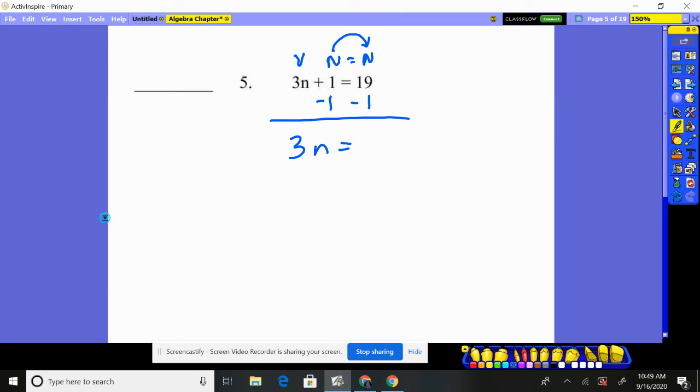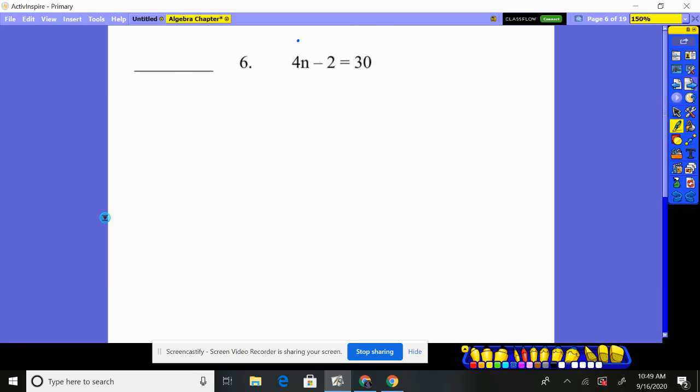On the left of the equal sign gives me 3n plus 0, which is just 3n. On the right, I'm left with 18. Now, you've gotten all your variables to the left, all your numbers to the right, so you've got them on separate sides. I've now got to undo that multiplying by 3, so I divide by 3, and n is equal to 6.